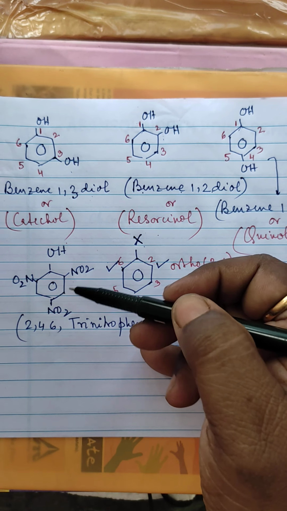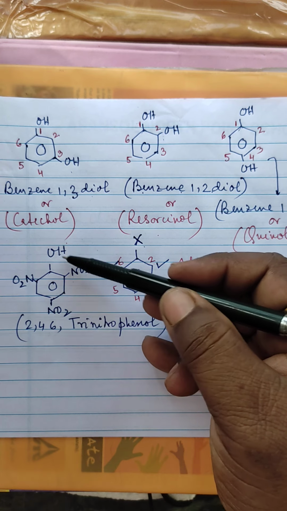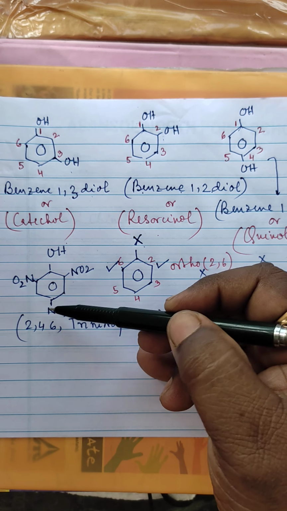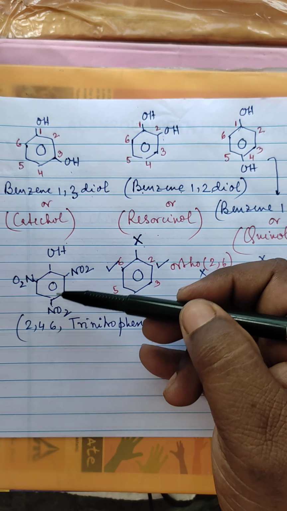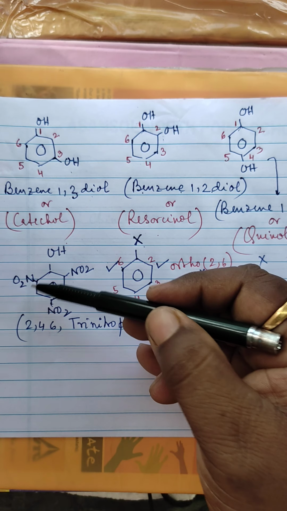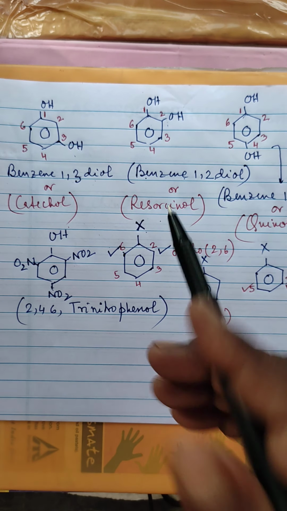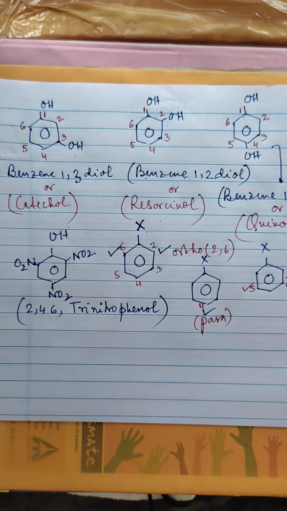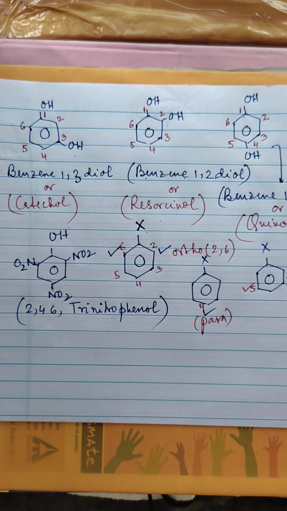Because as you could see, the parent compound is phenol and we have nitro groups attached at the second position, fourth position and sixth position. So this compound is called 2,4,6-trinitrophenol. Is this part now clear to you children? Okay.